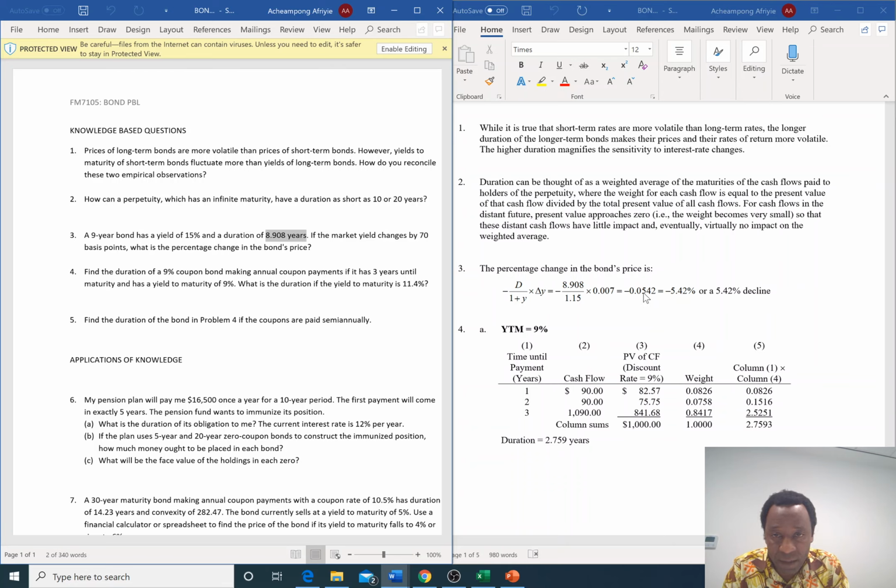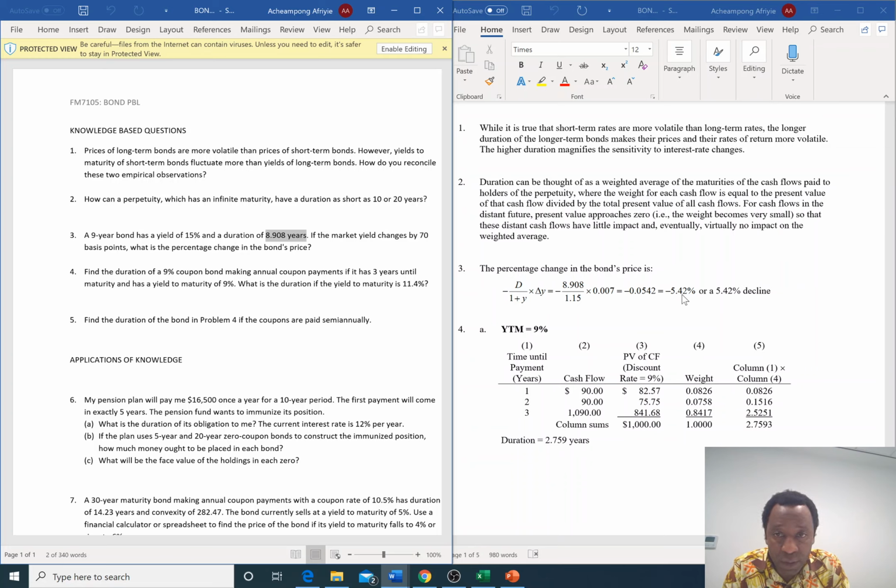In percentage terms, what this is saying is, if the duration is 8.908 and the yield is 15%, then when the basis points change by 70 basis points, the value of the bond will change by 5.42%.